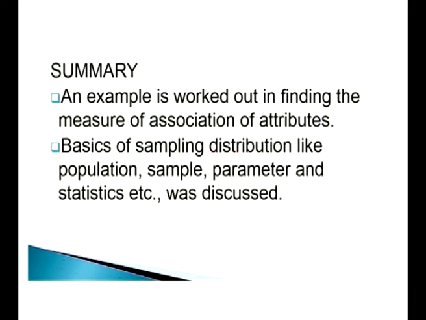Why sample, why population is not taken into account for the investigation, why do we do the sampling, and some basic terminologies like population, sample, parameter, statistics, standard error, etc. were discussed. Also, the sampling distribution tabular column for various statistics has been given in this session.